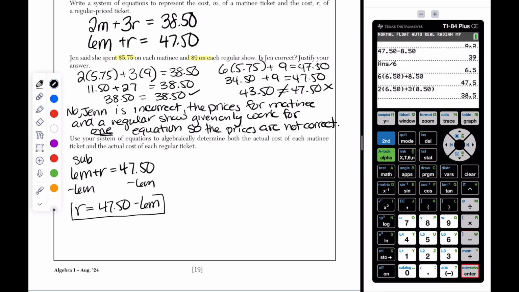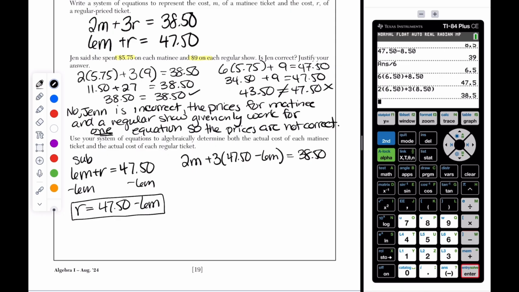Now that I have this, I can sub it into the other formula. So 2m plus 3 times (4750 minus 6m) is equal to 3850.